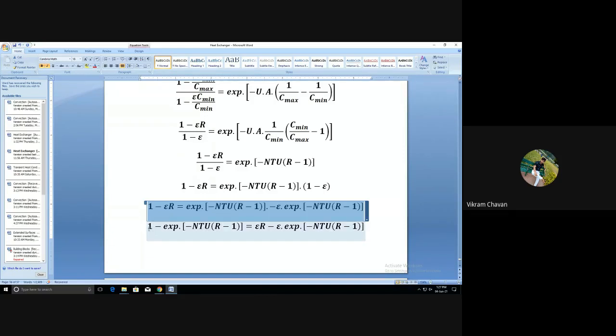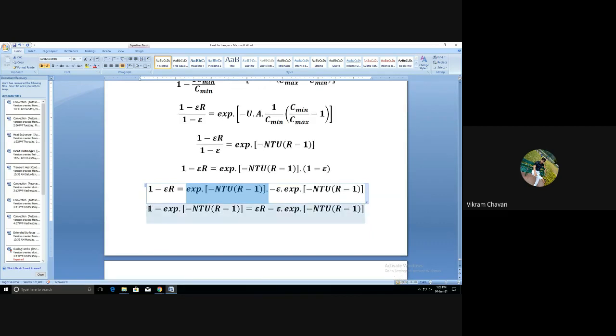On the left side we have taken all the non-effectiveness terms. So we will take this exponential minus inside bracket minus NTU inside bracket R minus 1, bracket complete, square bracket complete. This particular term we have shifted to the right hand side, and the effectiveness multiplied by R term we have shifted to the left hand side, vice versa.